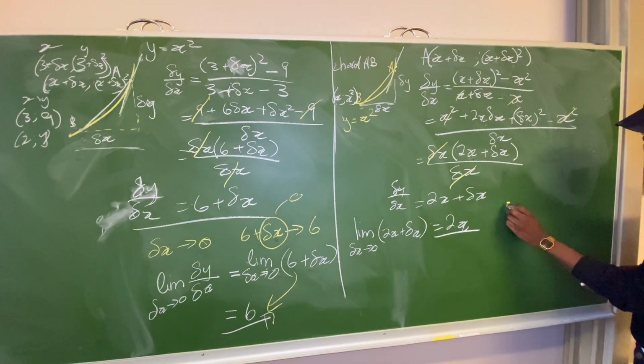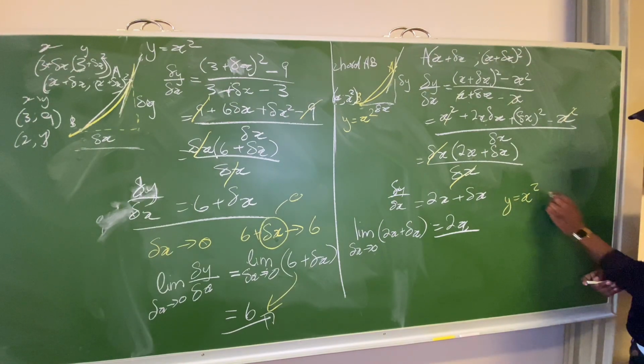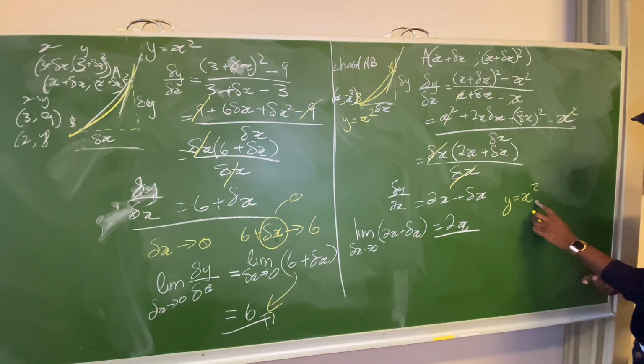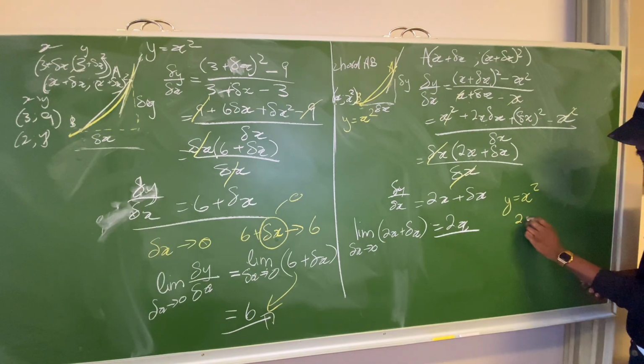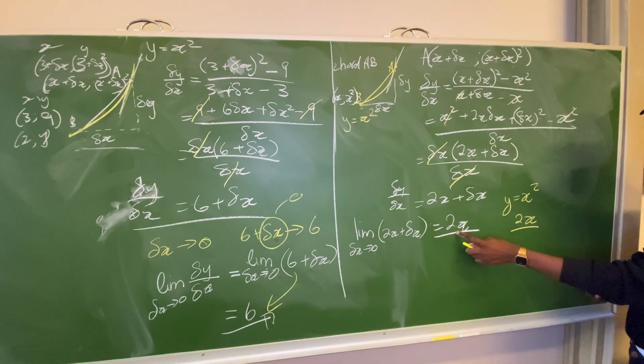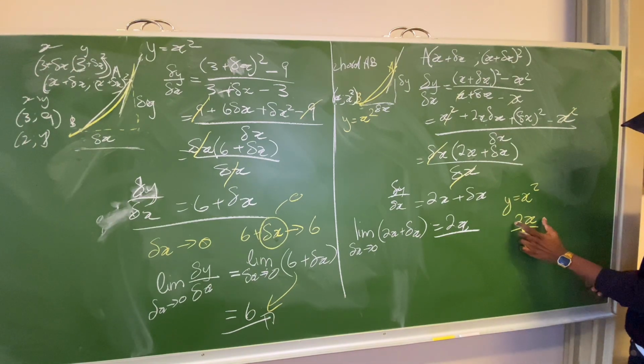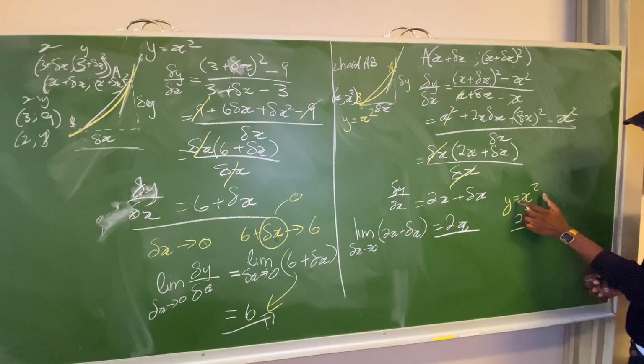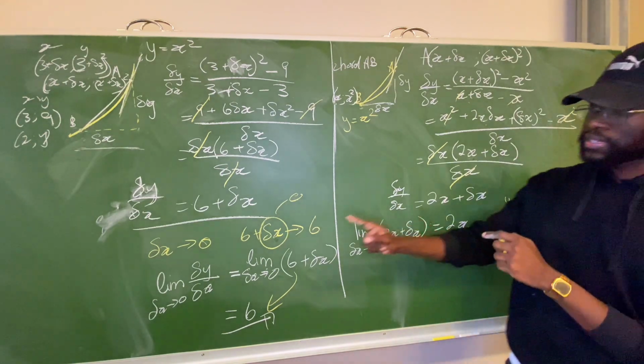Now that means that if we have a function y equal to x squared, if we differentiate it, we get 2x. That means 2x will be the gradient at a certain point in the graph of y equal to x squared. If we are at point x equal to 3, our gradient will be 6.